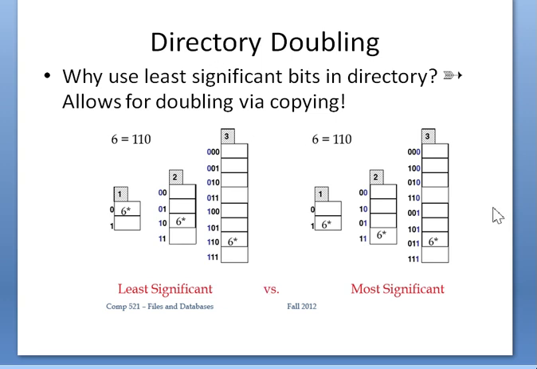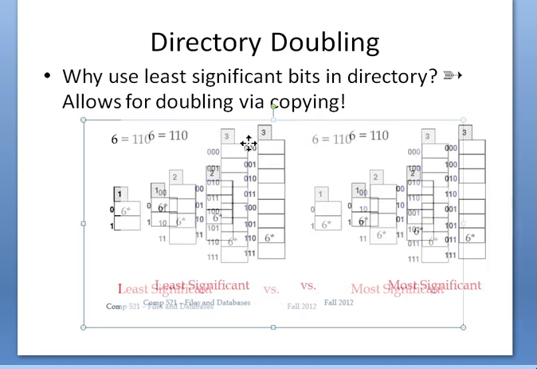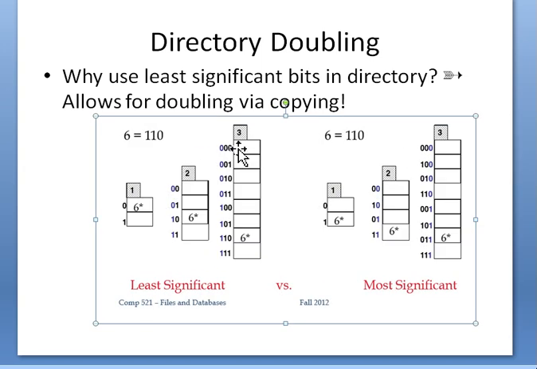If I am taking least significant bits, then it keeps on changing position. If I am taking 10, then it is in bucket 3 or bucket C. If I am taking 3 bits, then it is in the split image of C. C will be here, the split image of C will be here.